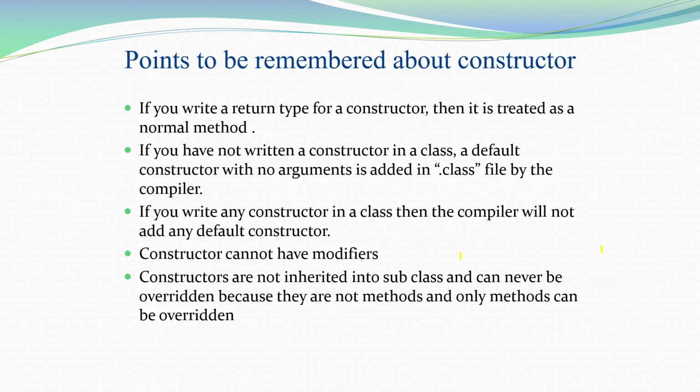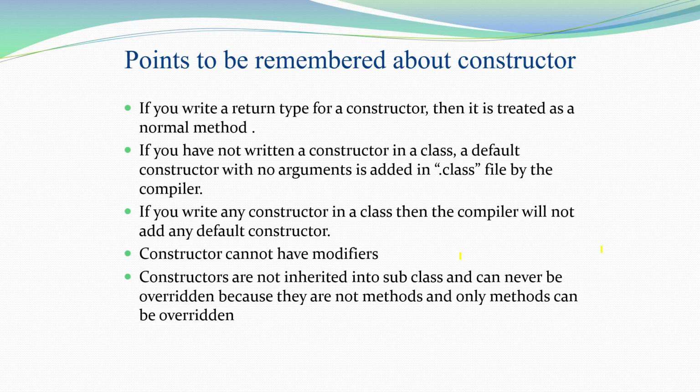If you write a return type for a constructor, then it is treated as a normal method. As you already know, a constructor is a special method which doesn't have any return type, not even void. If you give any return type, it will be treated as a normal method, and it has to be accessed with a dot operator only, not with the new keyword. If you have not written a constructor in a class, a default no-argument constructor is added in the .class file by the compiler.